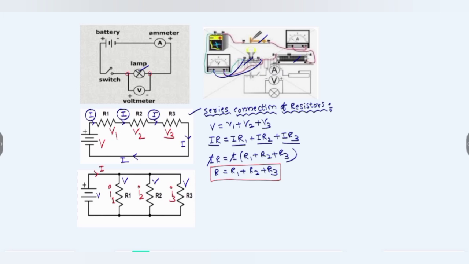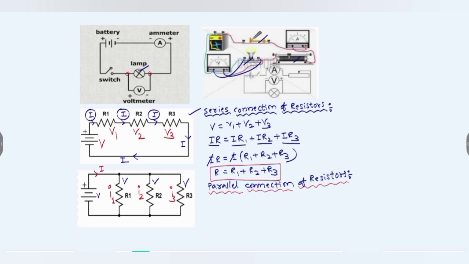Resistors in series connection. Now let us see resistors in parallel connection. Parallel connection of resistors. So here, what important thing you have to remember, you can observe the figure here.